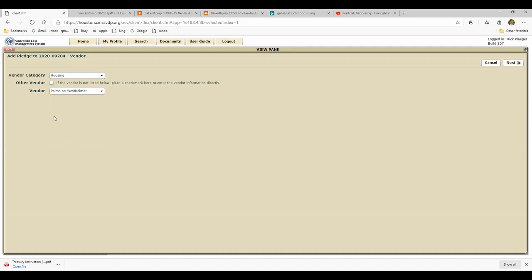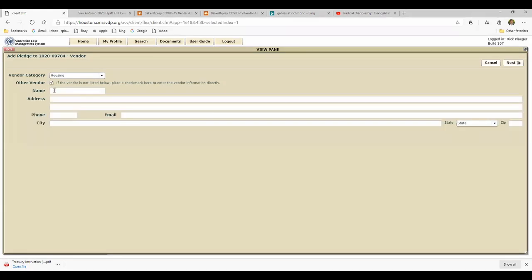If for any reason you don't see the name on this drop-down menu, you can always click this little other vendor and type the name of the vendor in here. You have to put the address, and this is the address of the leasing office. This is sometimes different from the friend's address.